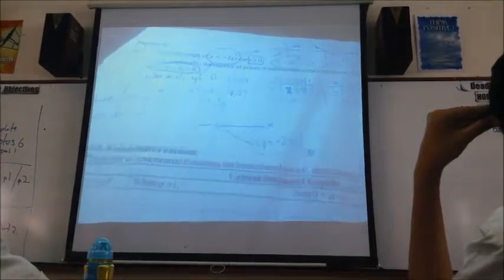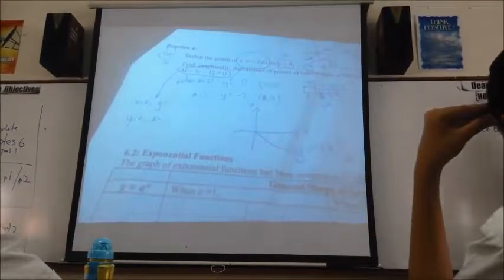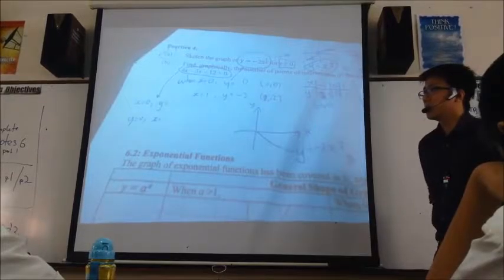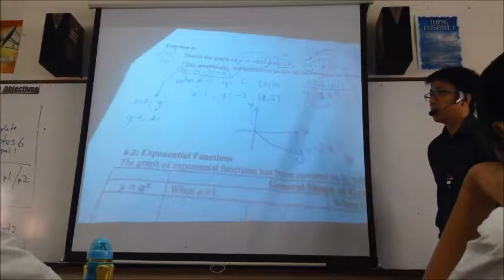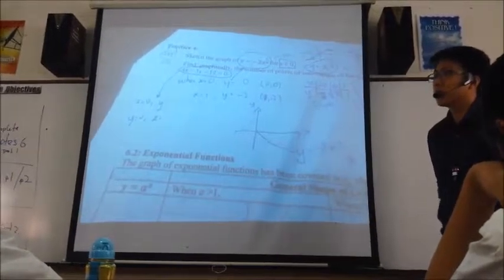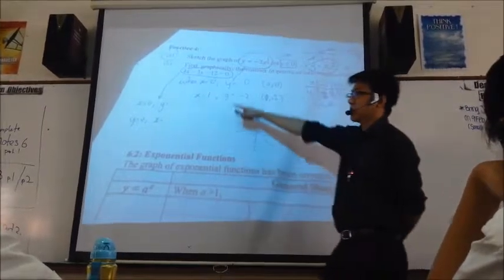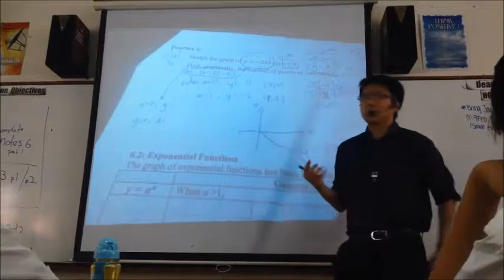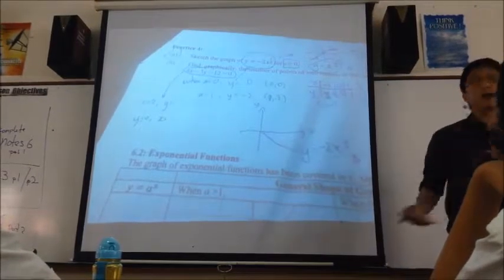Sub x equals to 0, what is y? Sub y equals to 0, what is x? y is minus 4x. The first one, x equals to 0. The second one, when y equals to 0. The straight line now, so that I got 2 coordinates. Then I can draw a line.